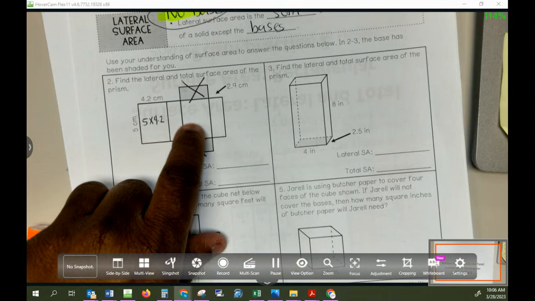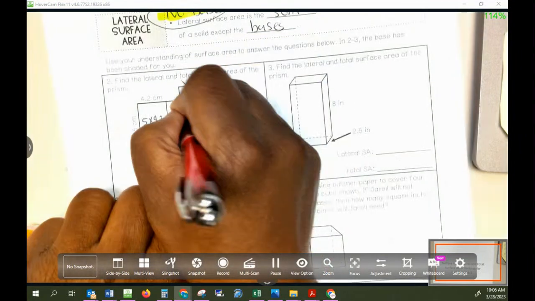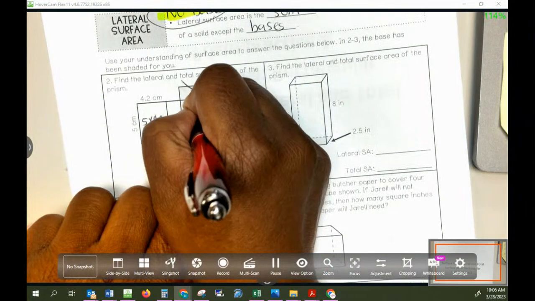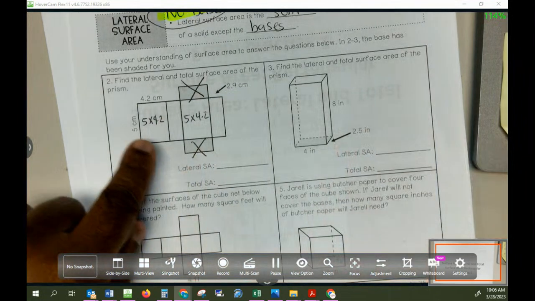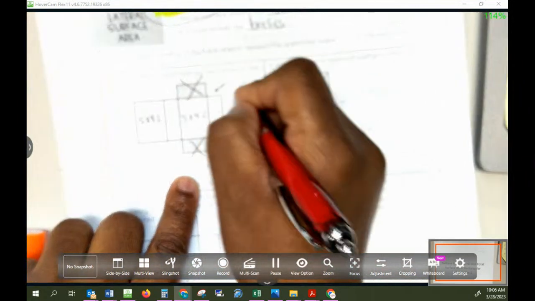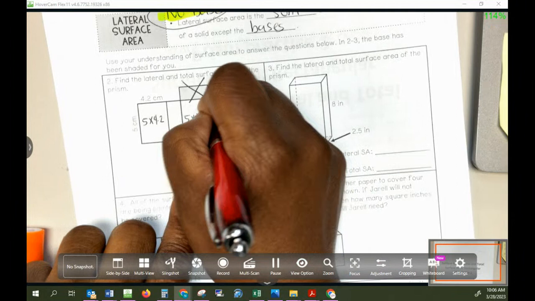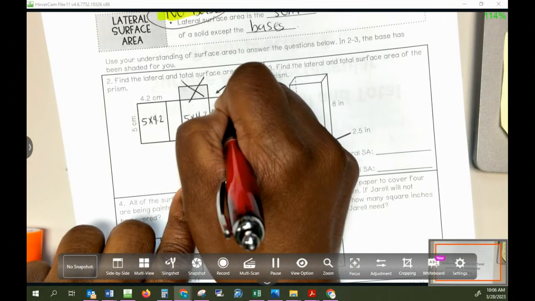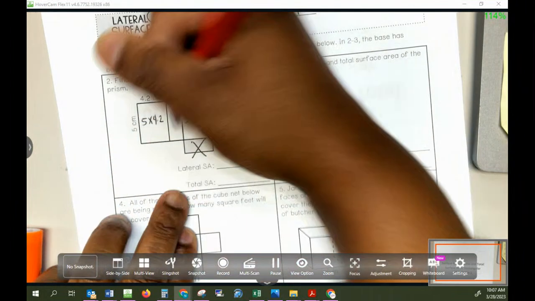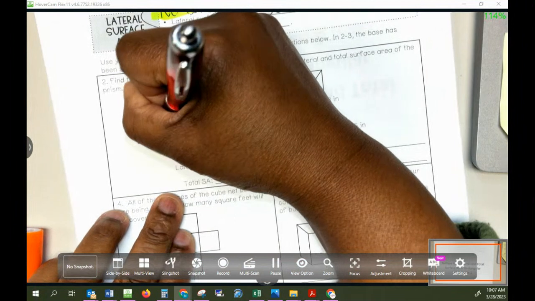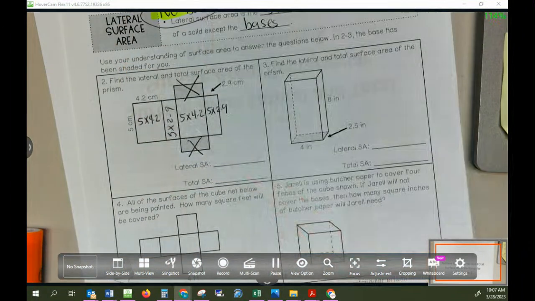Then I'll skip one, and I'm going to have another 5.5 times 4.2. And then the middle ones: if this is 2.9, I'm looking at 5 times 2.9, and this is also 5 times 2.9.